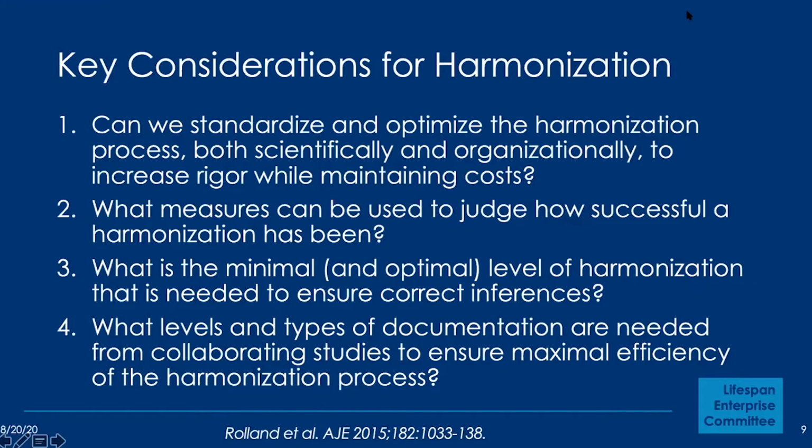We have to have some way to evaluate the harmonization process. What's the minimal and optimal level of harmonization that's needed to ensure correct inferences? And also what levels and types of documentation are needed from collaborating studies to ensure maximum efficiency of the harmonization process? So obviously you can get all the protocols, you can get their data dictionaries, and then begins the work of actually harmonizing.